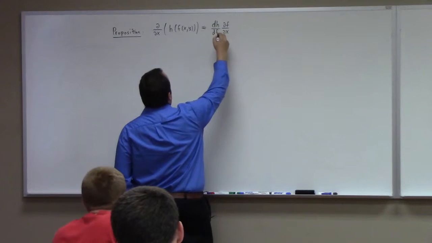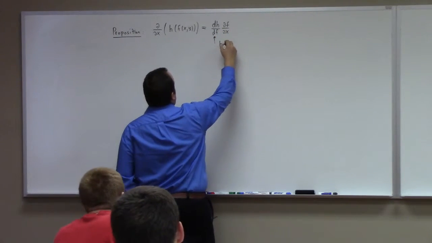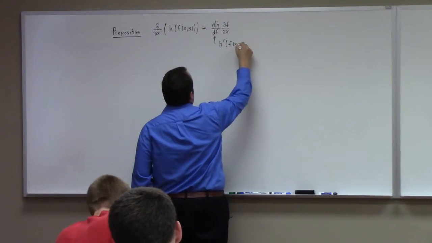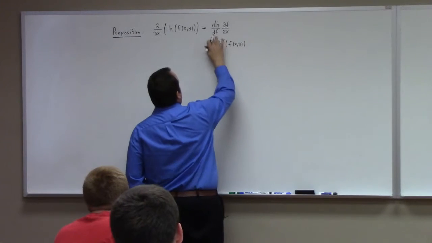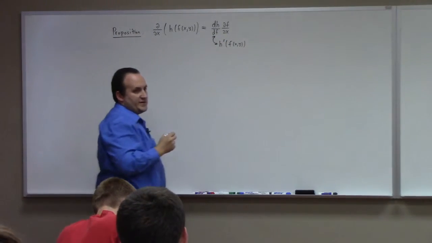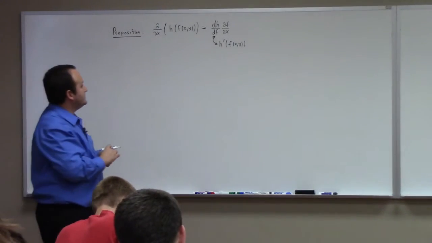Now what I mean by this notation is that the derivative is evaluated at f of x comma y, that's just another notation for that. And then partial f partial x is just taken at the point x comma y.